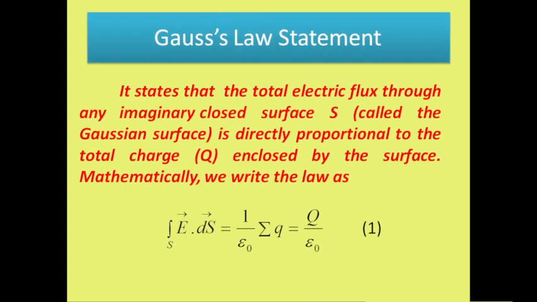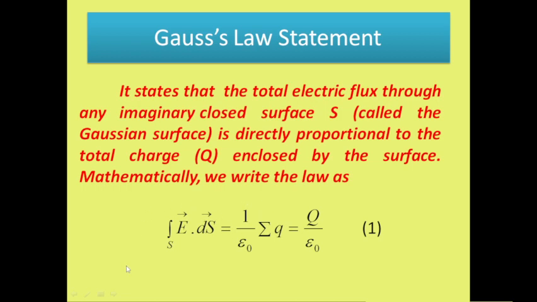First we need to understand the statement of Gauss law. It states that the total electric flux through any arbitrary or imaginary closed surface S, which is called the Gaussian surface, is directly proportional to the total charge capital Q enclosed by the surface. First you should understand the statement clearly, then we can write the equation for that.